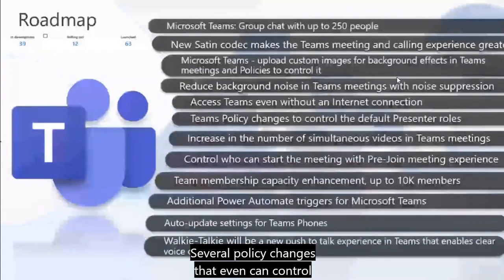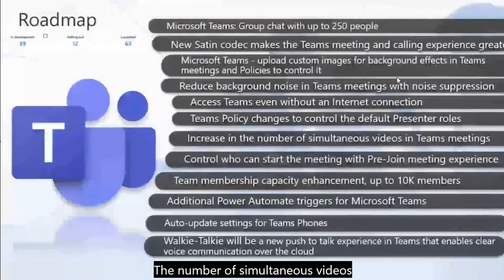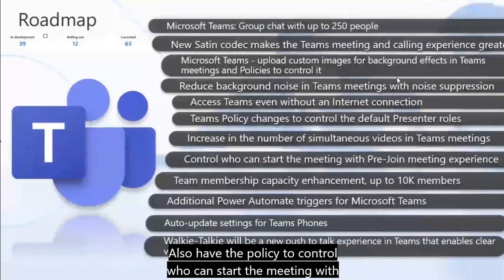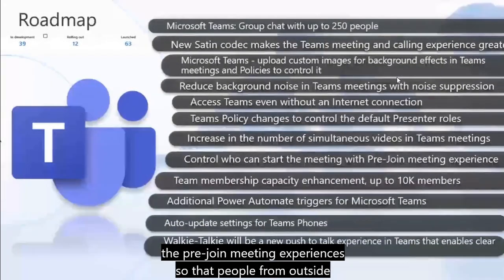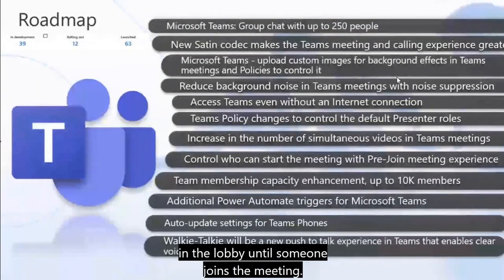Several policy changes can even control the default presenter roles in meetings. The number of simultaneous videos from 4 to 9 has already been shipped now. We also have the policy to control who can start the meeting with the pre-join meeting experience, so that people from outside the company will still be in the lobby until someone joins the meeting.